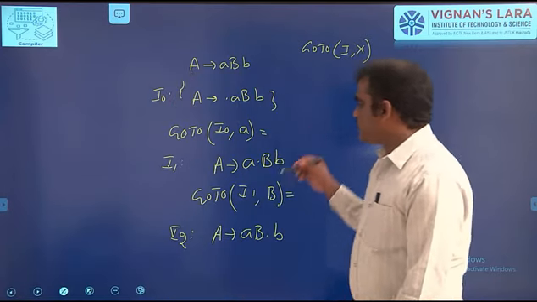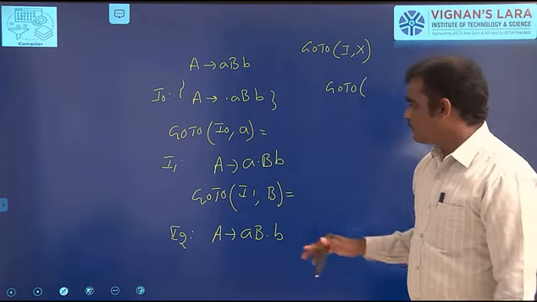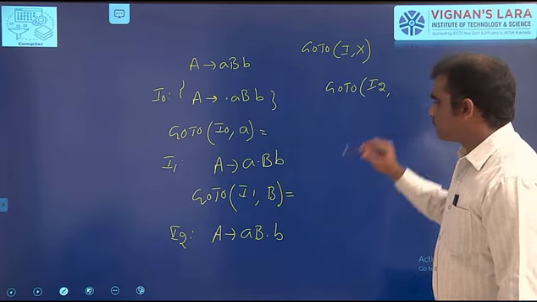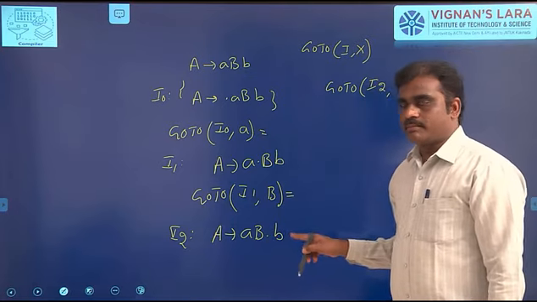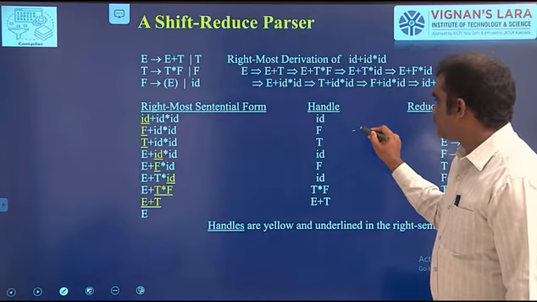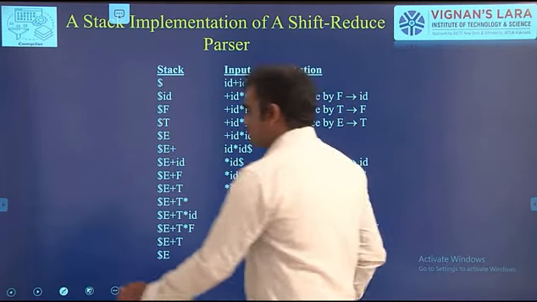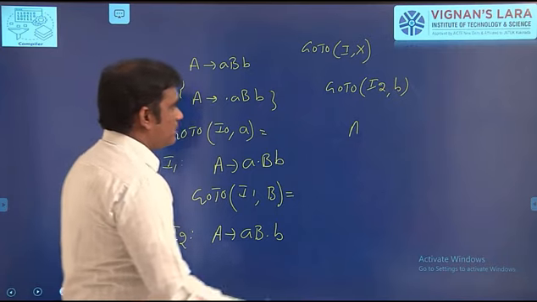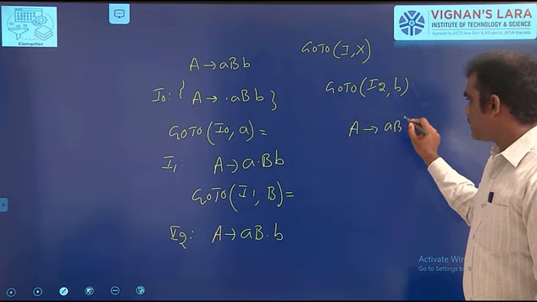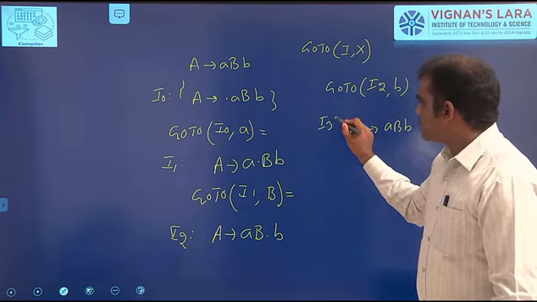And the next one is goto of I2, and the symbol following the dot is B. What is the result? A → ABB·. This is a new set of items, I3.